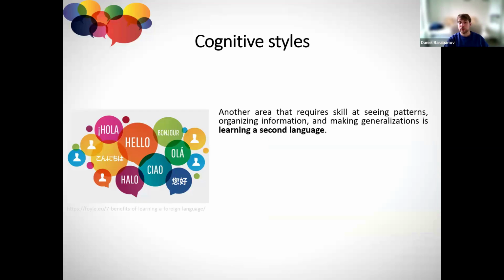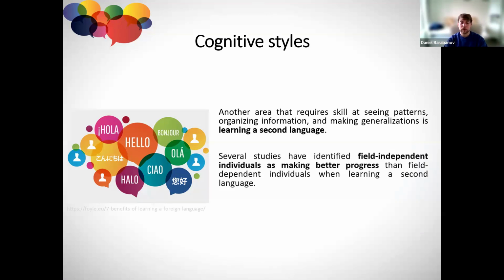Another area that requires skill at seeing patterns and organizing information, including making generalizations, is learning a second language, which is actually quite a hot topic for many students and professors as well. Learning a second language is a complicated task. Studies identified that field-independent individuals make better progress than field-dependent individuals when learning a second language.